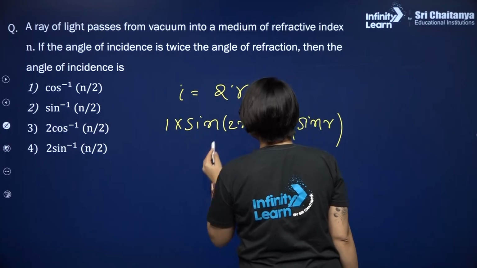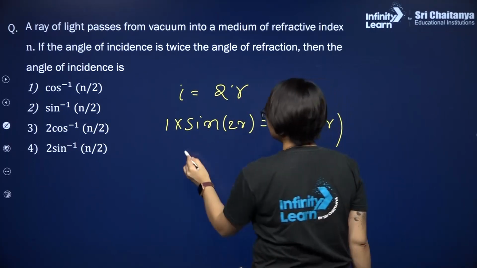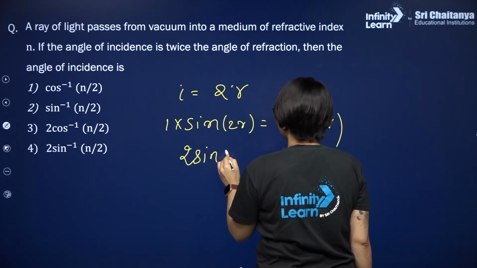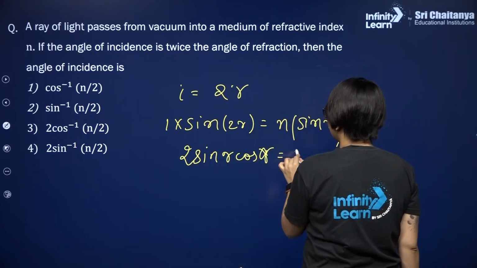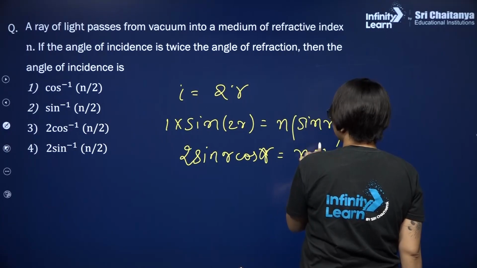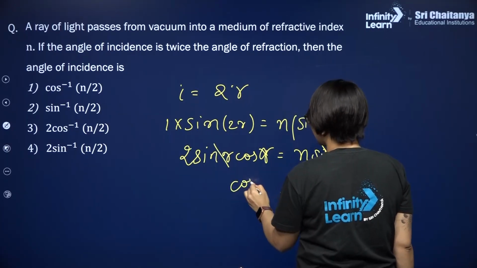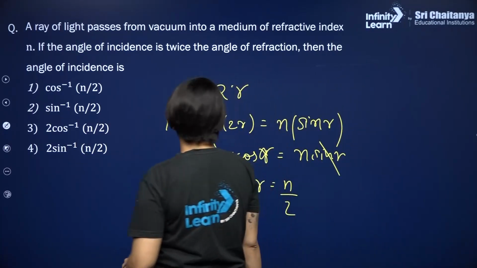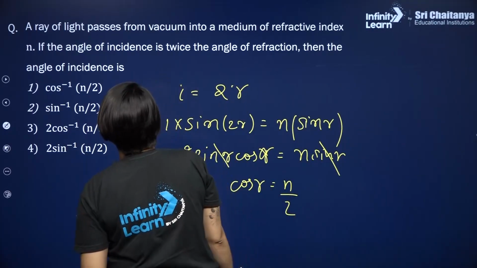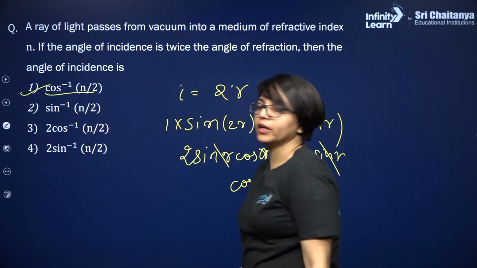Sin 2θ is 2 sin θ cos θ. So it is 2 sin r cos r equal to n sin r. Sin r cancels, so cos r equals n upon 2. So r is cos inverse n upon 2, option 1.